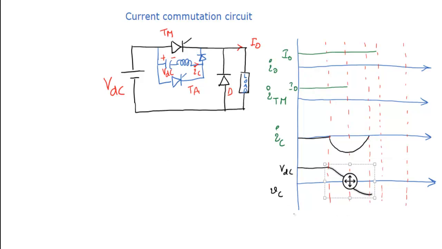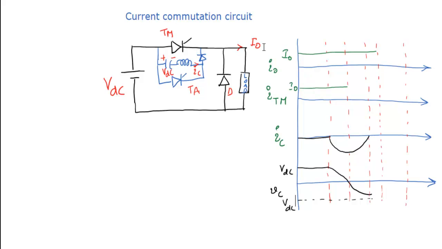The voltage reaches the maximum value, which is VDC, in the negative direction. Then the current comes to 0. At that time the main thyristor will be turned off. If the main thyristor is turned off, then the capacitor forces the diode to be turned on.